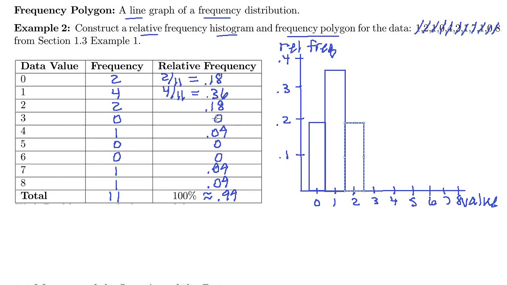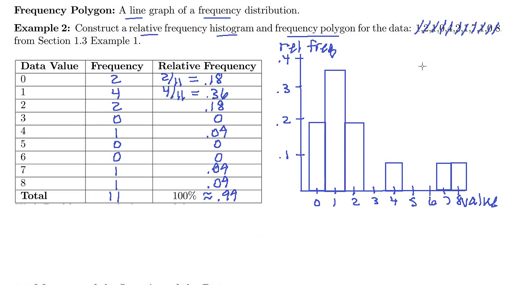Then we've got no bar for 3, 0.09 for 4. So bar centered over 4, height 0.09. Nothing for 5 and 6, and then 2 bars of height 0.09 for 7 and 8. So there is our frequency histogram.